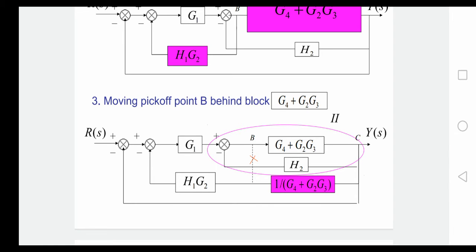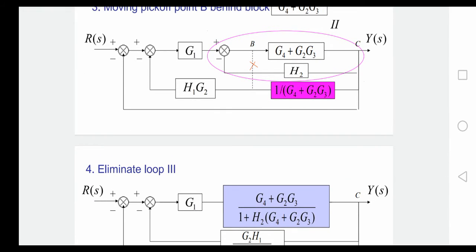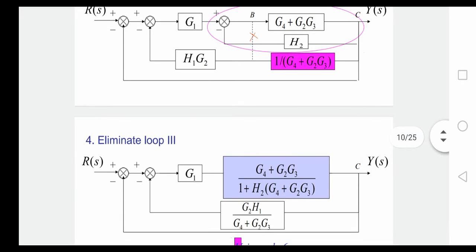Now this pink color block again becomes a closed loop feedback path, a negative feedback path, so you multiply and then eliminate it, G divided by 1 plus G of S into H of S.